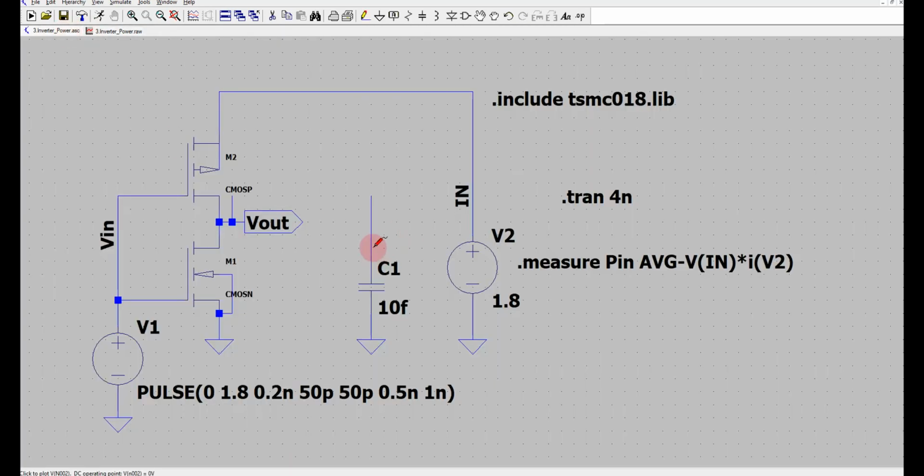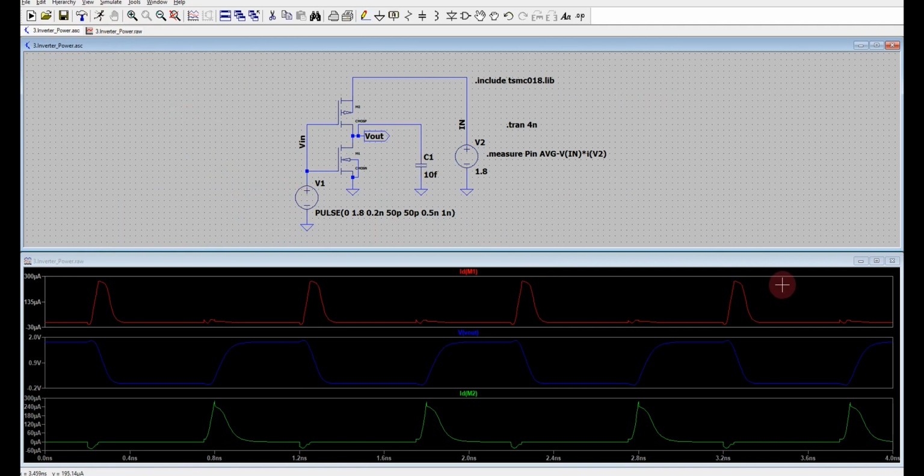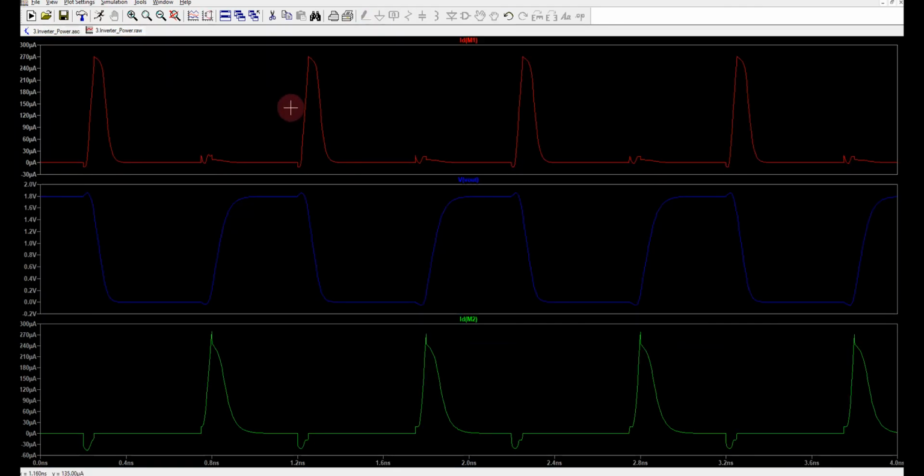Okay, if I connect a load capacitance now, it will become very clear. Now I have connected a load capacitance. So now if you see what happened, this output is going from 0 to high, right? At that time, the bottom green one is the current of the PMOS.